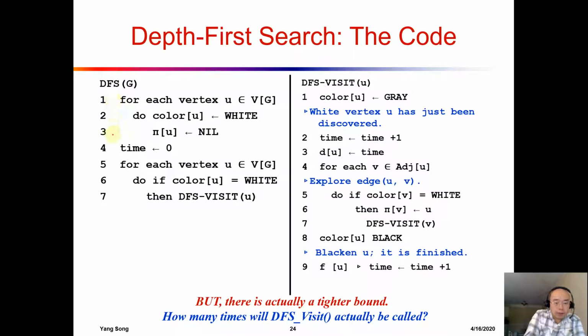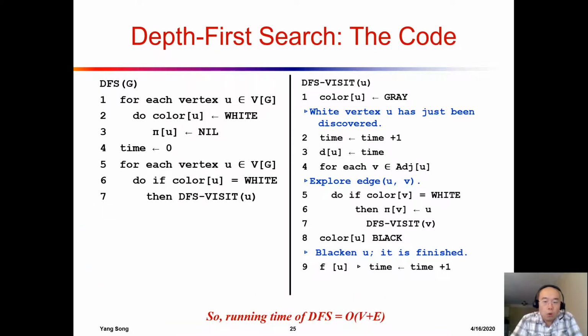So for each of the vertices, we will only visit once, and for each edge, we will visit that twice at most if it is an undirected graph. So if we add those two together, what is that? That is O(V plus E). Okay, so that is a tighter upper bound.